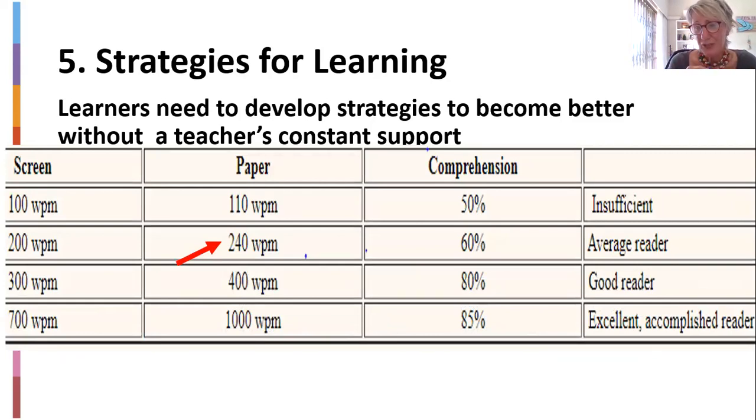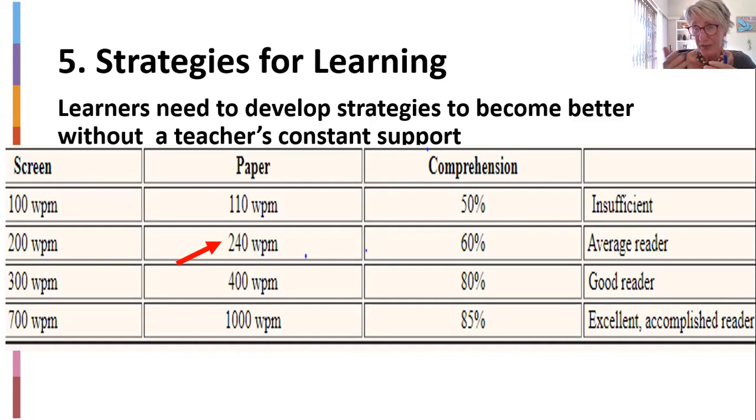most people speak at about 240 words a minute. And if you're able to speak at that speed, you are an average reader. If you speak very slowly, your comprehension goes down to 50%, and you are an insufficient reader. If you're reading at 300 words a minute, and this is where university students should be able to read, your comprehension increases to 80%.